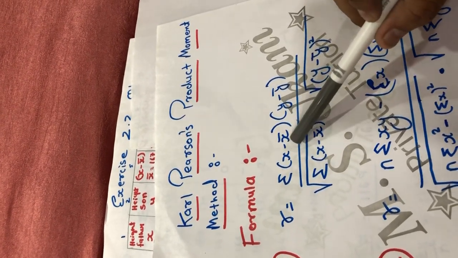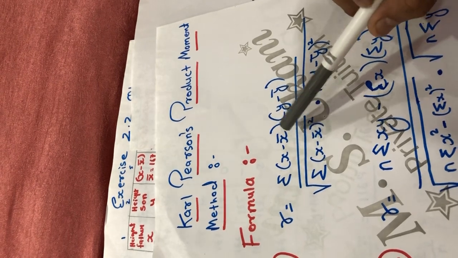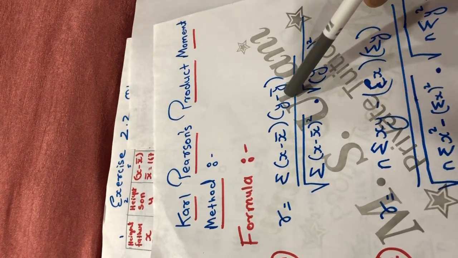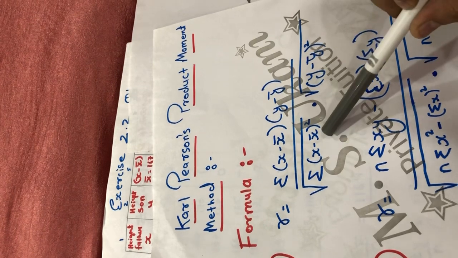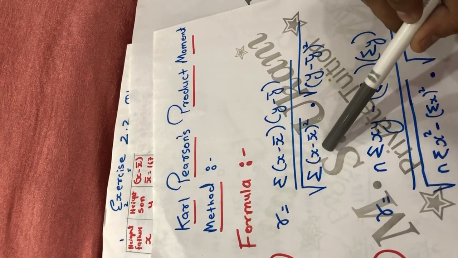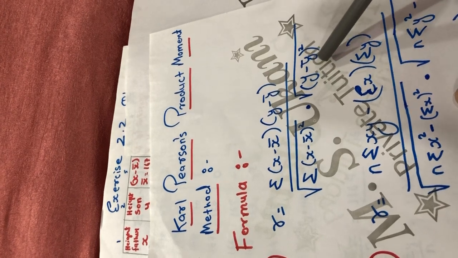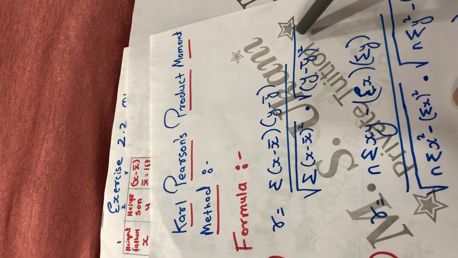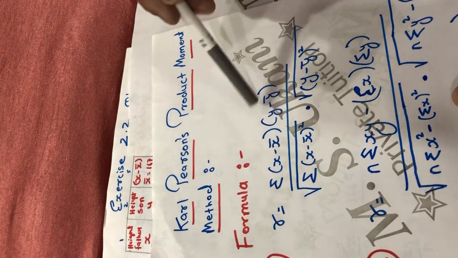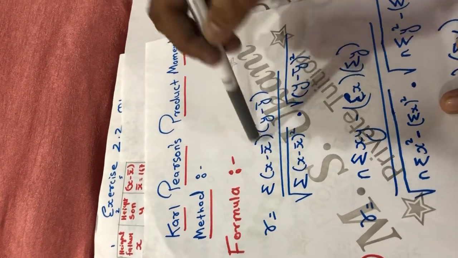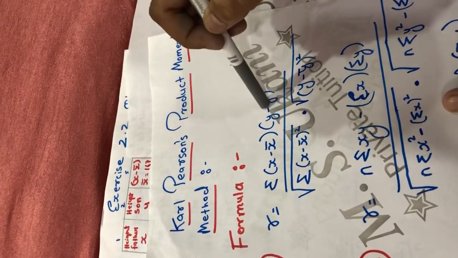So we have to make this column x minus x bar, then we will prepare the column y minus y bar, then the column x minus x bar whole square, and the last column y minus y bar whole square. And in between we will prepare the 2 multiplication column also.